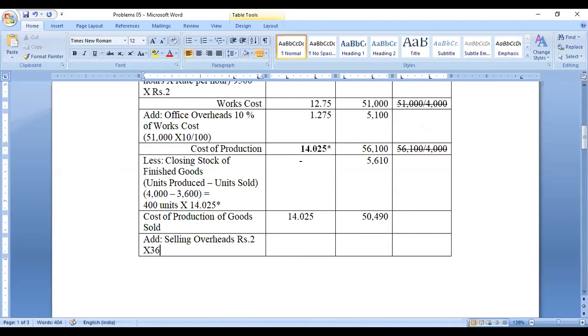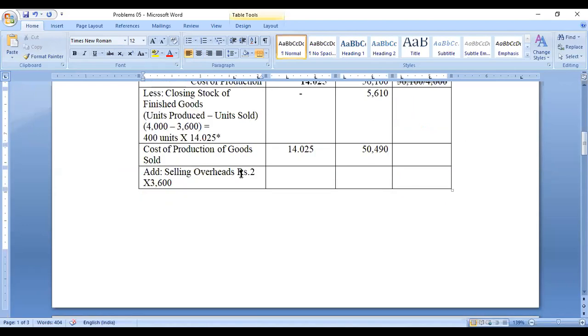We have to multiply 3,600 into 2 to get the selling overhead cost. 3,600 multiplied by 2 is 7,200. That is called the selling overheads.